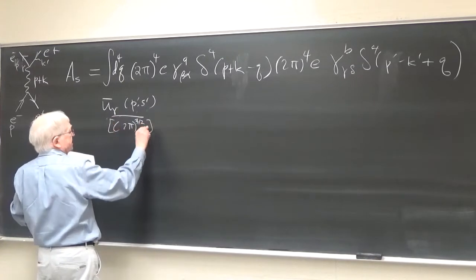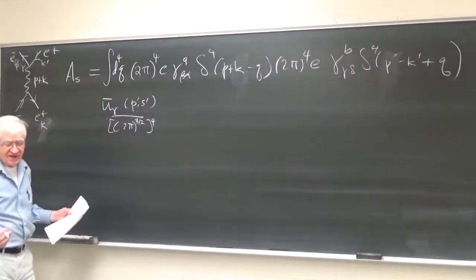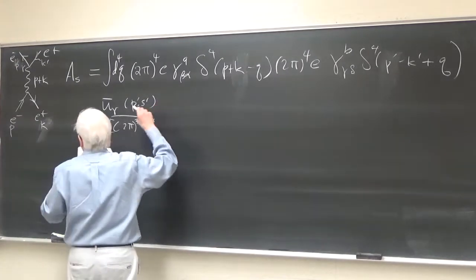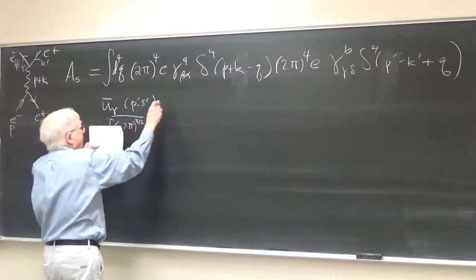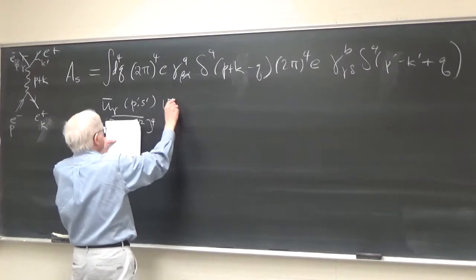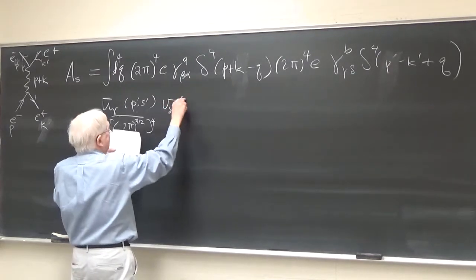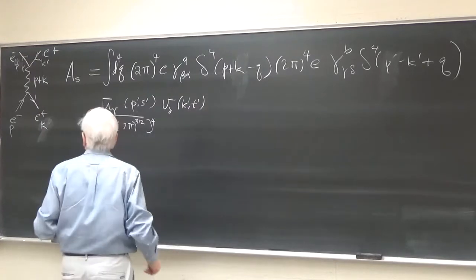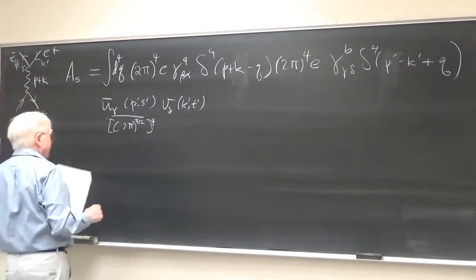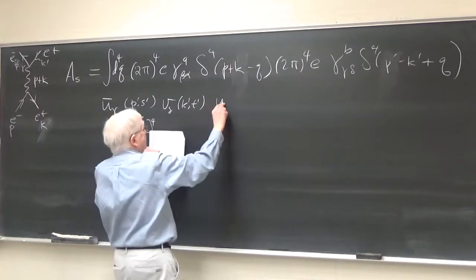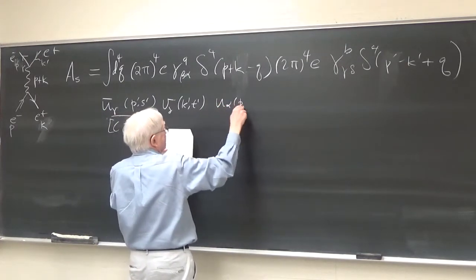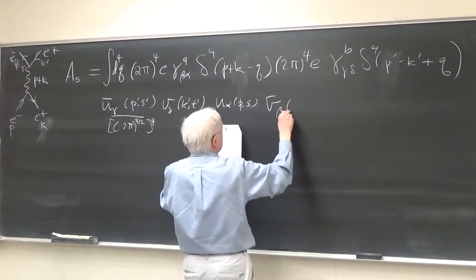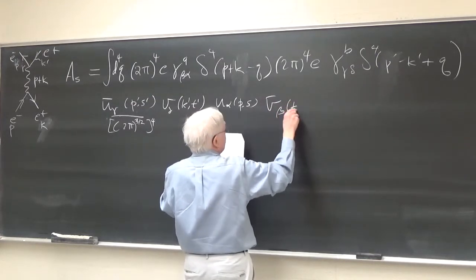So I'm just going to write the 2 pi to the 3 half factors as just 4 of them like that. Then this line going out gives us V delta K prime T prime. Then this vertex coming in, we've got U alpha of P and S and V bar beta of K and T.